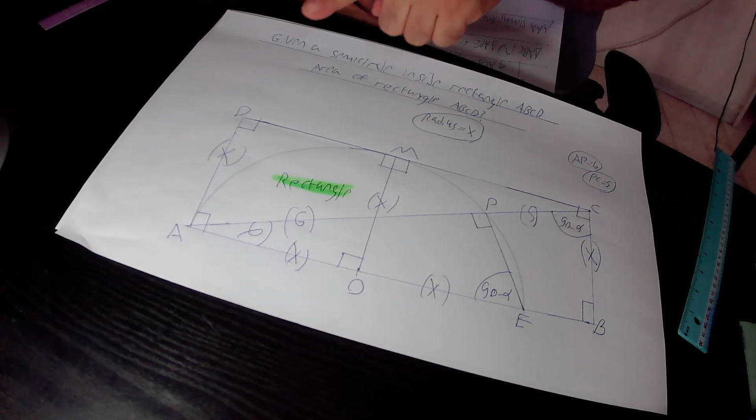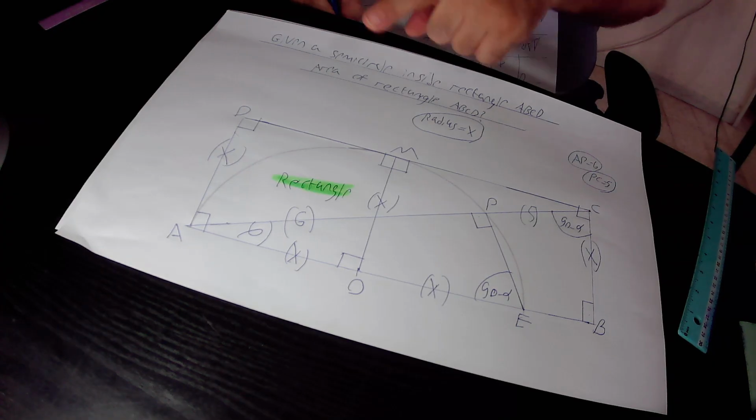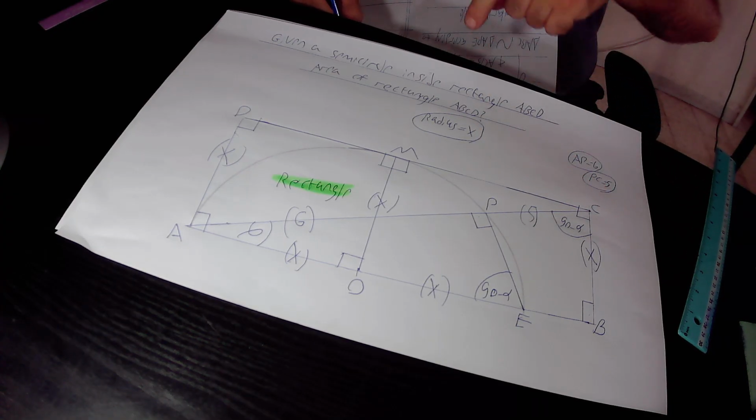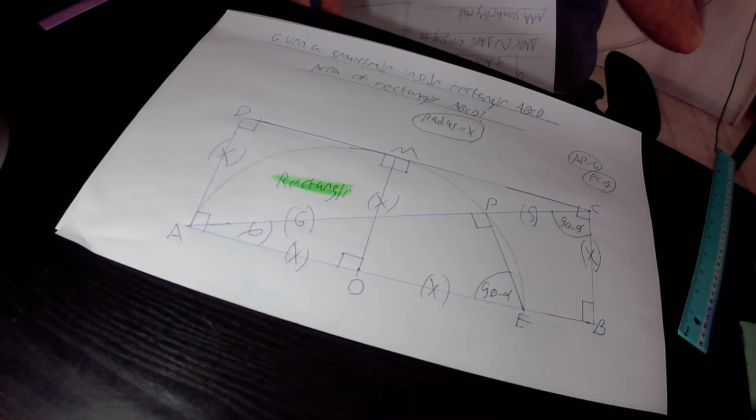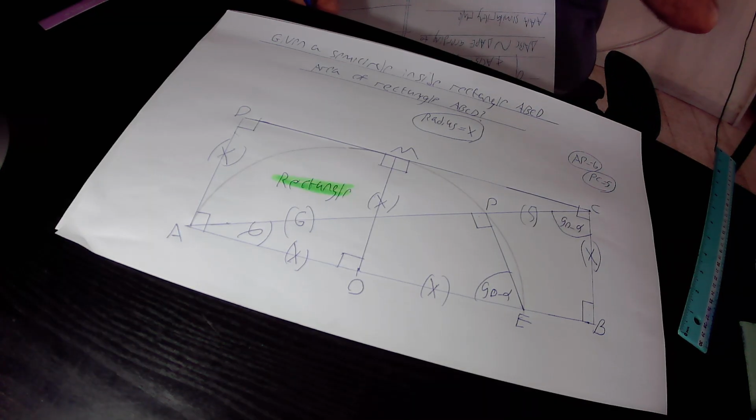We will derive that side AP of the right small triangle APE over side AB of the right big triangle ABC is equal to side AE of the right small triangle APE over side AC of the right big triangle ABC.